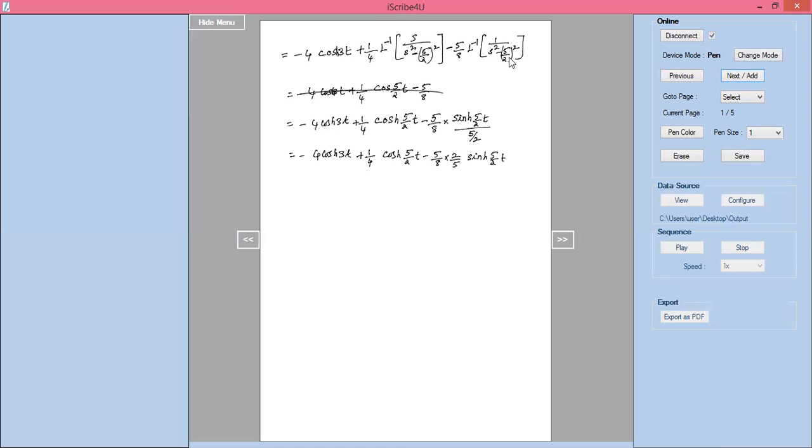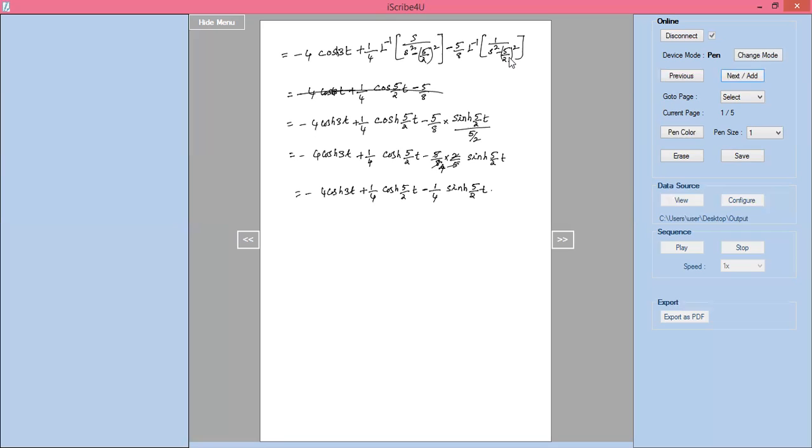Simplifying, you get minus 4 cosh 3t plus 1 by 4 cosh 5 by 2t minus 1 by 4 sinh 5 by 2t, which is the required solution for the given equation.